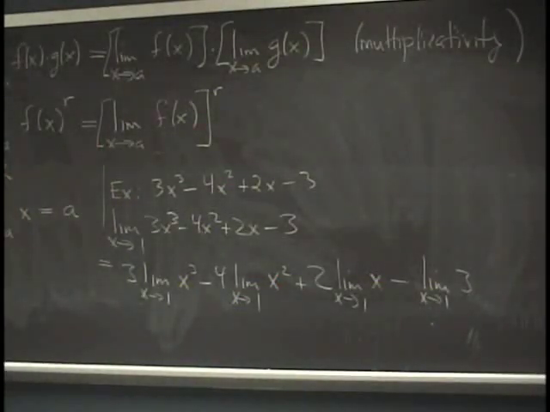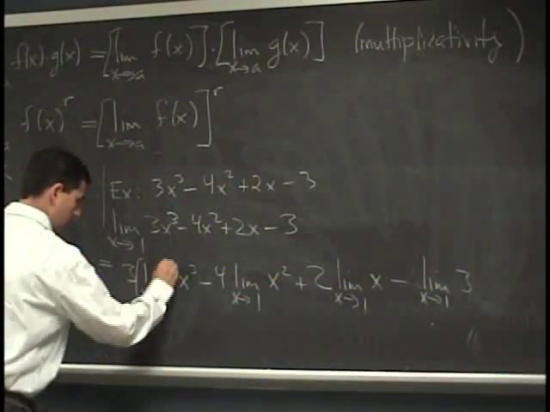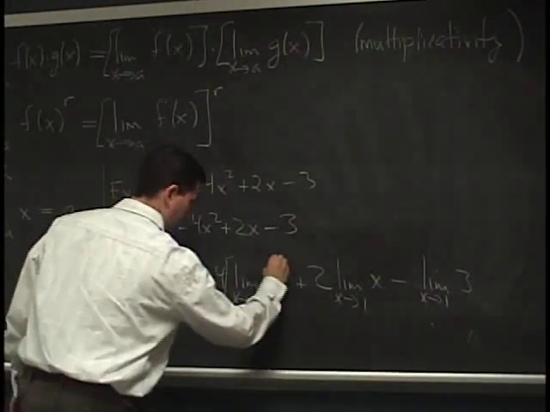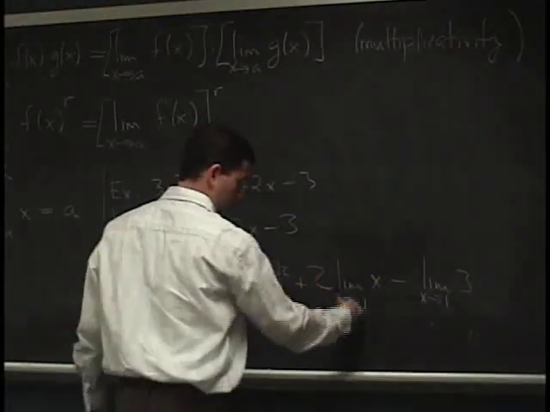But now property D says I don't have to worry about exponents in the limits. I can pull those out. So I can actually put some brackets here. I don't need them.